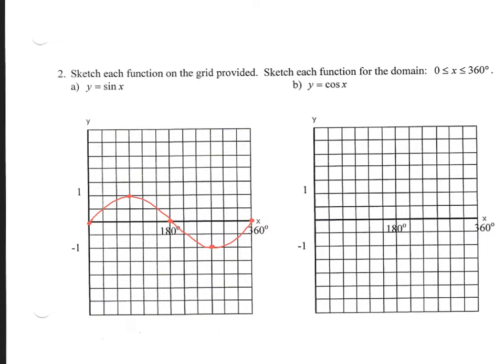Our cos curve, we know, starts at the top at its maximum, and it falls. 0 at 90 degrees, minimum at 180, 0 at 270, maximum at 360. And now we do the same thing, and we know when we curve up and curve down.